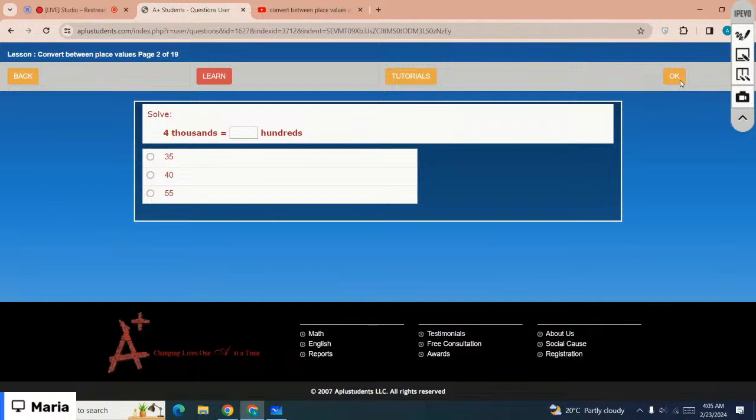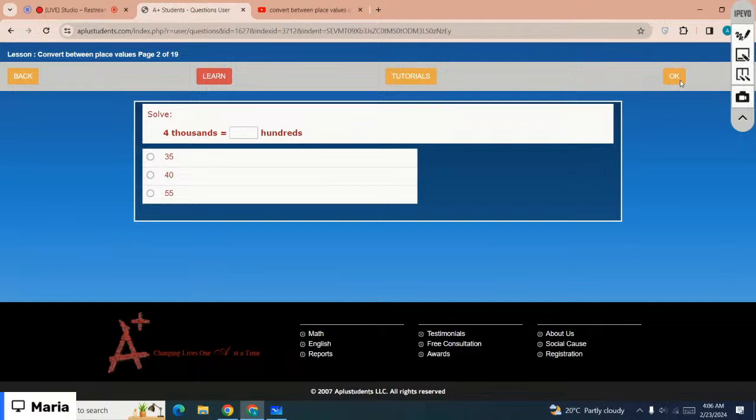4000 is equal how many hundreds? Which is the correct option? 4000 is equal to 40 hundreds.